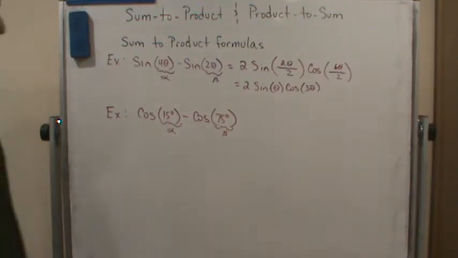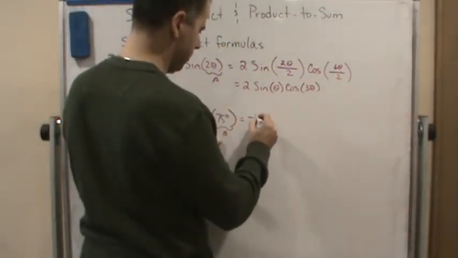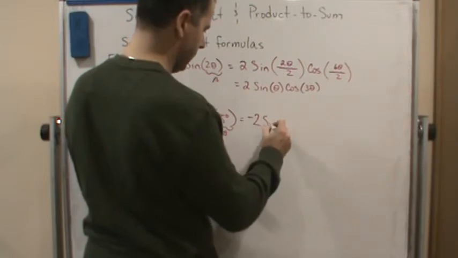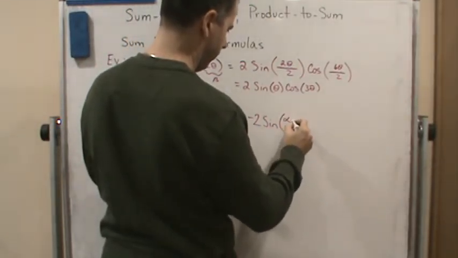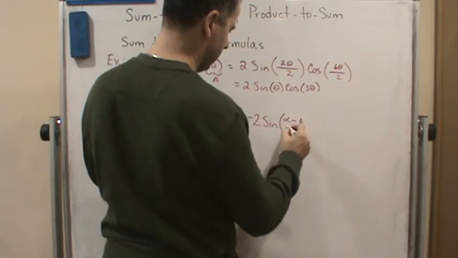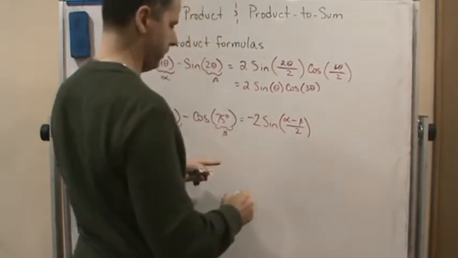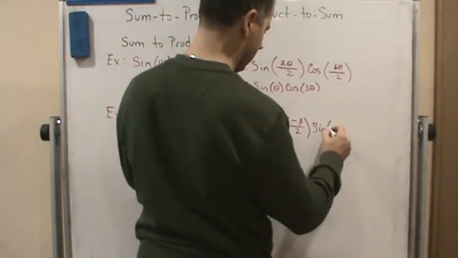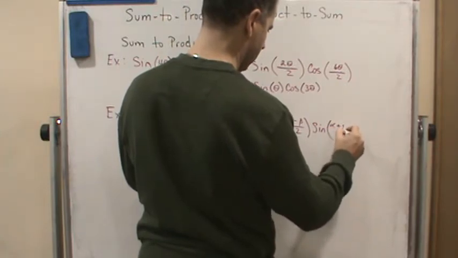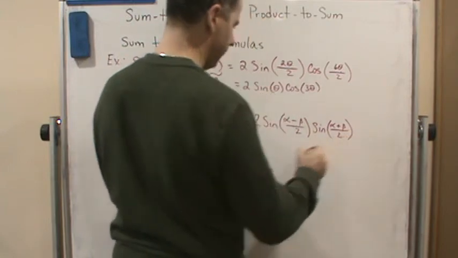And so this is going to give us negative 2 sine of alpha plus beta over 2 times sine of alpha minus beta over 2.